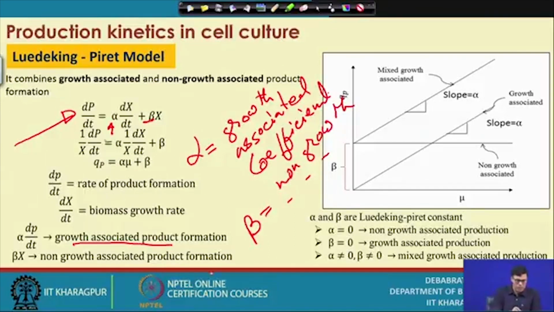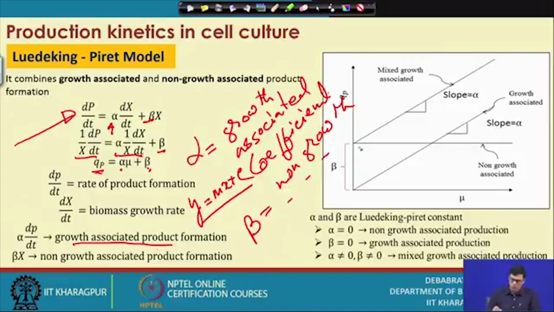Now if you divide by x, then it will be specific product formation rate equal to alpha into specific growth rate of the cell plus beta. So, obviously, we can write in the short form qP equal to alpha mu plus beta. This is something like y equal to mx plus c. Am I right? It is a straight line equation.